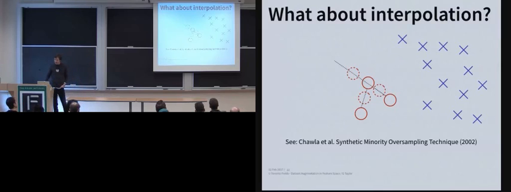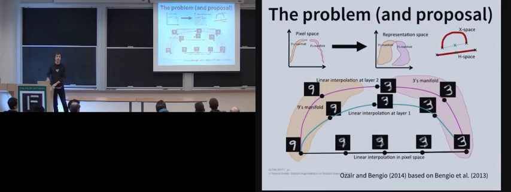The problem is for high-dimensional inputs like images, it doesn't work very well. This is a figure from a paper by the Bengio group a couple years ago. It shows very nicely that when you try to interpolate in pixel space, you get images that don't look like the domain at all. For example, we have MNIST digits, a manifold of 9s and a manifold of 3s.